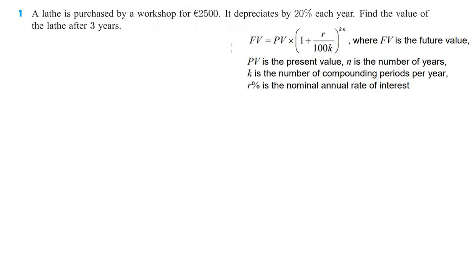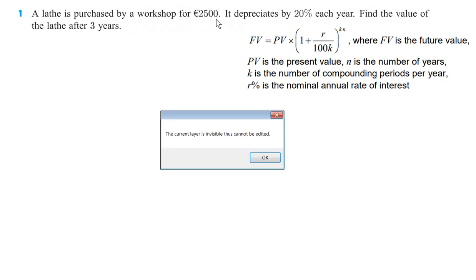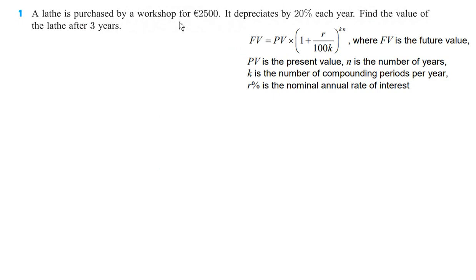So purchase for 2,500 euros and depreciates by 20% per year. Find the value of the lathe after 3 years. So we can plug it into this thing here. So originally 2,500, we're going to figure out what it's worth in 3 years from now. So we're trying to figure out what the future value is.